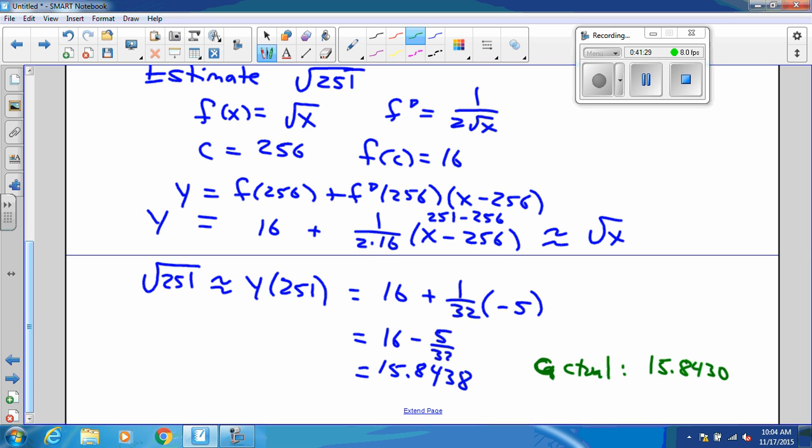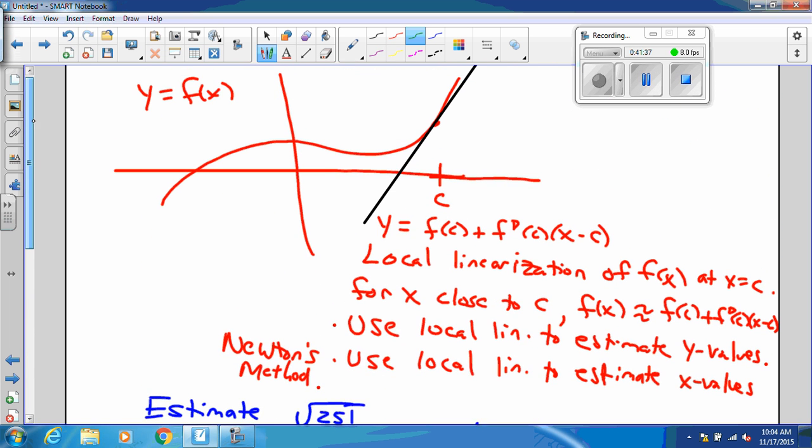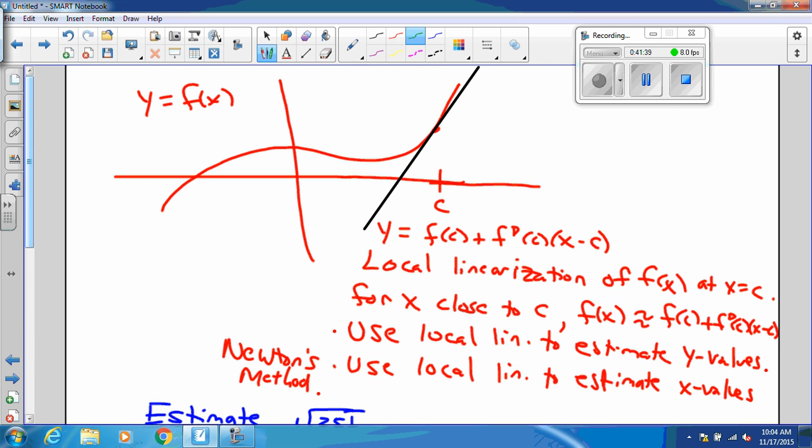Now what I'd like to do is take this concept, you guys are comfortable with tangent line estimation, right? Okay. I'd like to take this concept and just relabel some stuff. So coming back up to here, I'd like to take this guy right here and rewrite x minus c as the quantity dx. And dx is going to represent the distance along the x-axis from x to c.